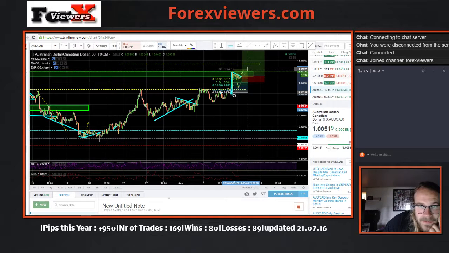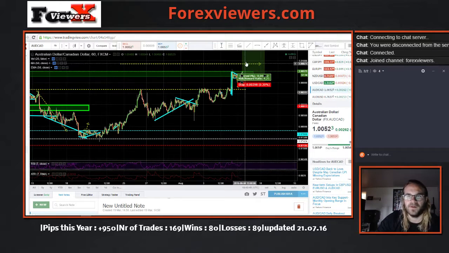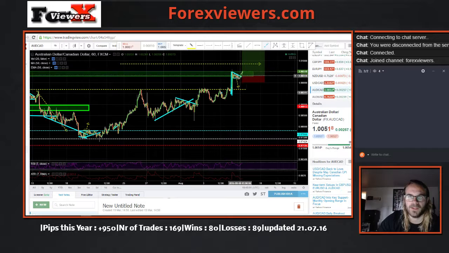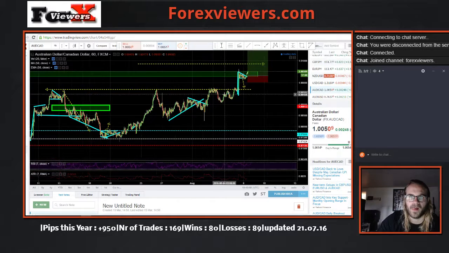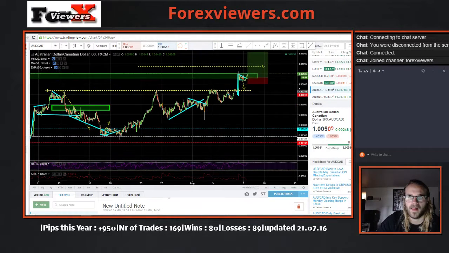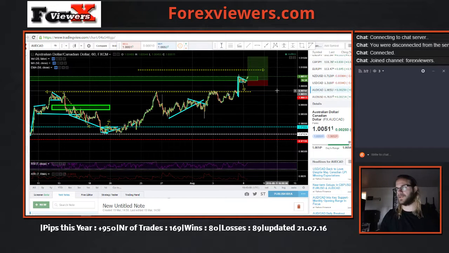I would not consider this a double top here, since we touched the 38th, which is indicating a strong trend. So I think that this can go higher here. So not a bad trade setup we set up yesterday.